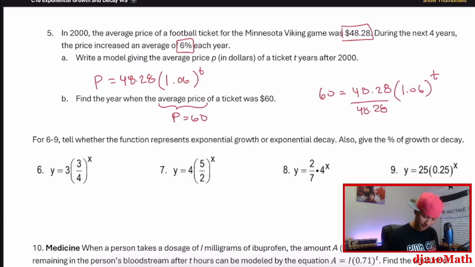So, what's happening is we want to isolate the right side. Well, technically, we don't. What we want to do is start plugging in numbers to get this value as close to 60. So 48.28, well, I'm in my calculator. Now we could graph it actually and then check out the table. And where do we get close to 60? That's a way.